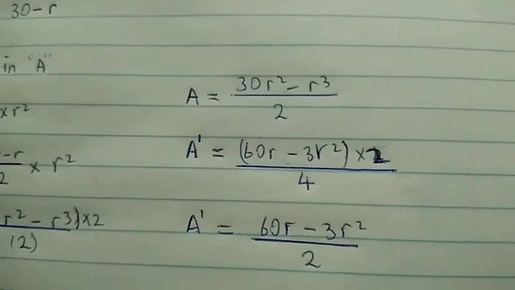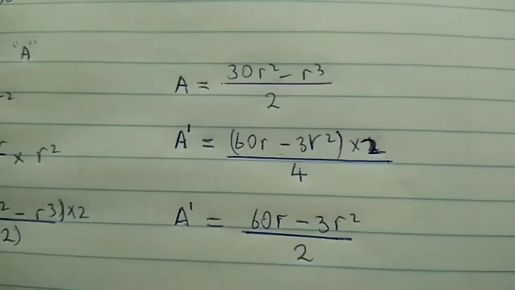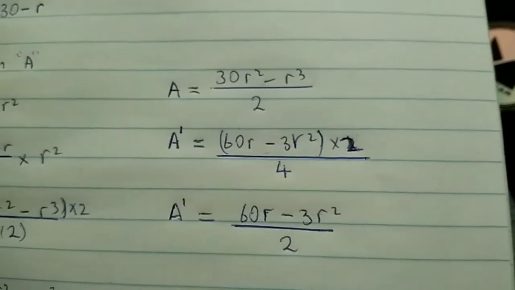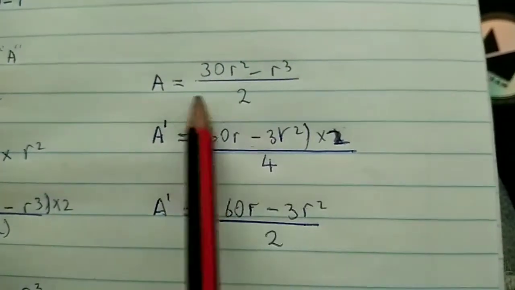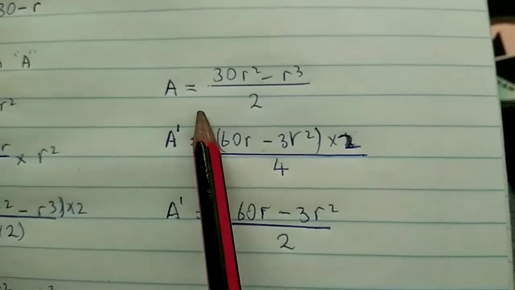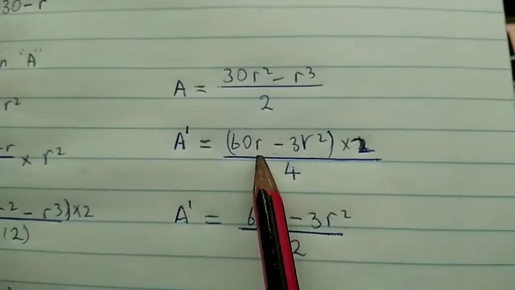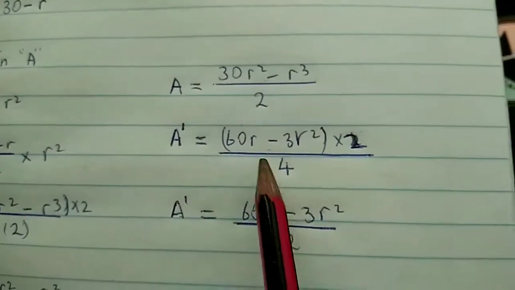Now we have A. What's going to happen now is that we're going to get the derivative of A, which is A prime. So this is A, as you saw previously, and then we derive it to get A prime, which is (60r minus 3r squared) all times 2, all over 4.